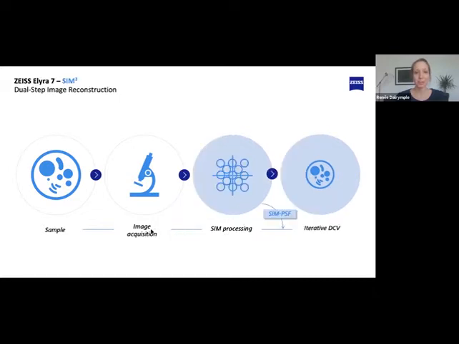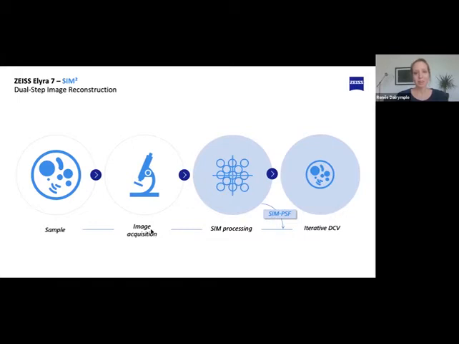Now, with the introduction of SIM², what we're doing is really teasing apart the different steps in the SIM reconstruction process and optimizing all of them so we can utilize the information to the fullest. So we're still going to take our image in the same way, and we're going to go through our SIM reconstruction process.